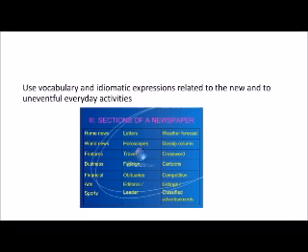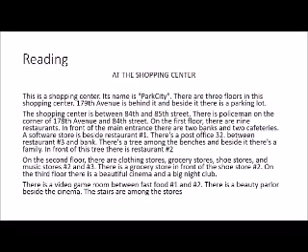It's the same as the first, but in this case we are using it in the past tense. And the third one, which I think is the most important, use vocabulary and idiomatic expressions related to the news and to eventful days activities.